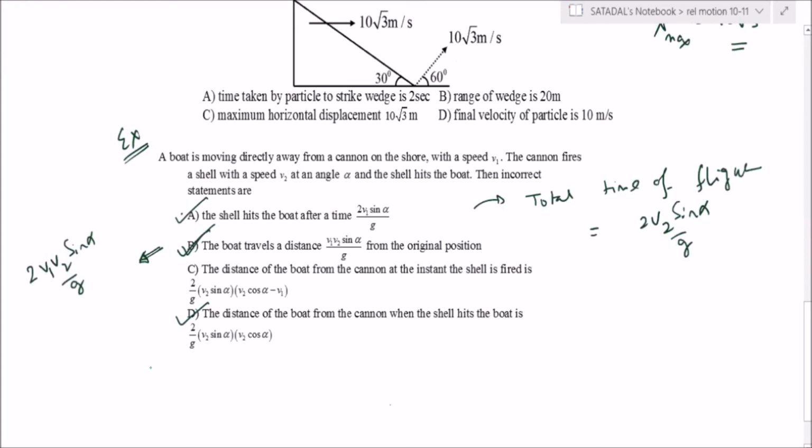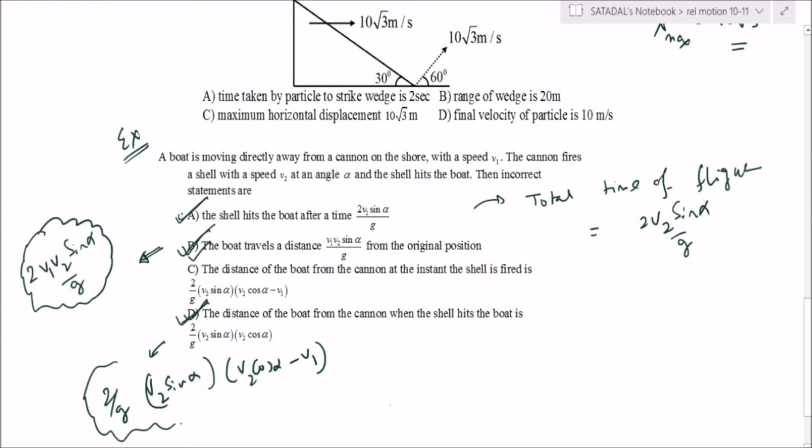And this will be 2 by g v2 sin alpha into v2 cos alpha minus v1. So that's why A, B and D are incorrect statements and these are the correct answers. That may also come in the examination, what the correct formula is.